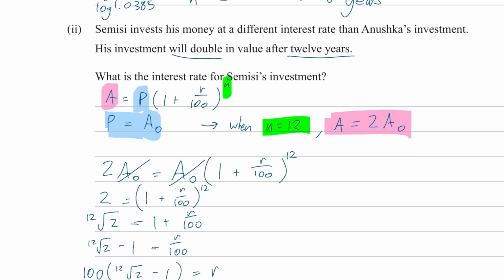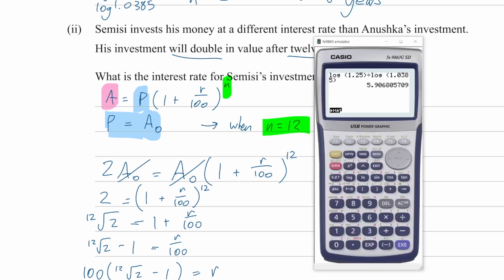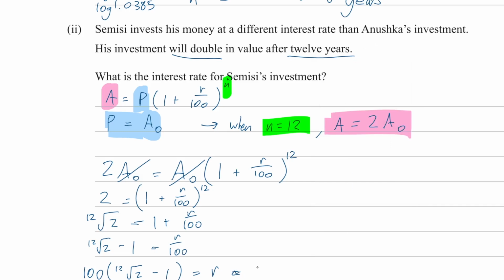And if we plug that in on our calculator, like so, 100 times, shift hat is the little x root, so 12th root of 2, minus 1, bracket, gives us 5.95 approximately percent.